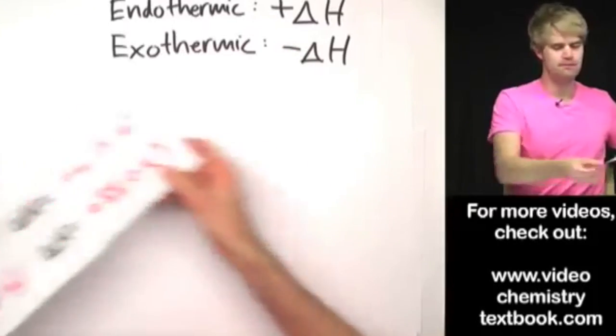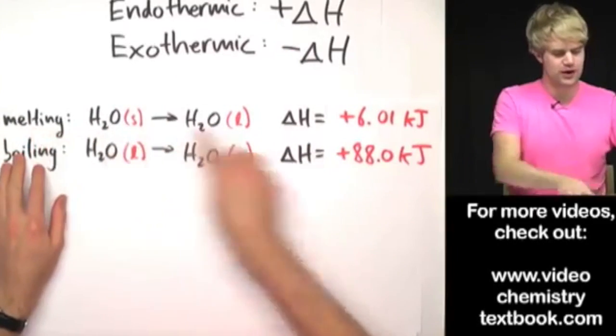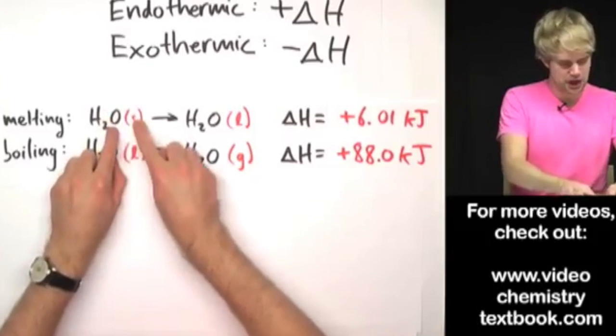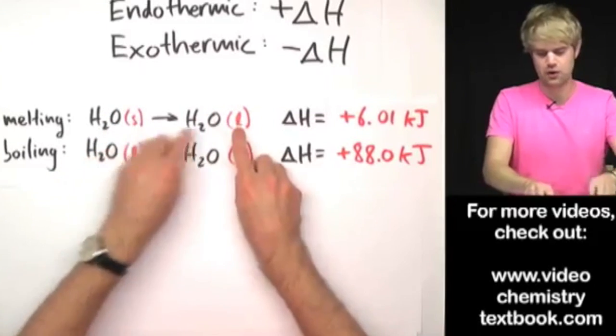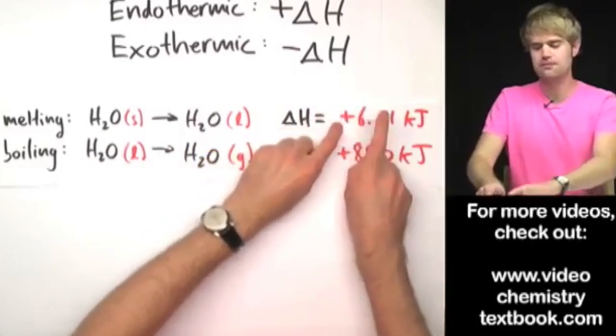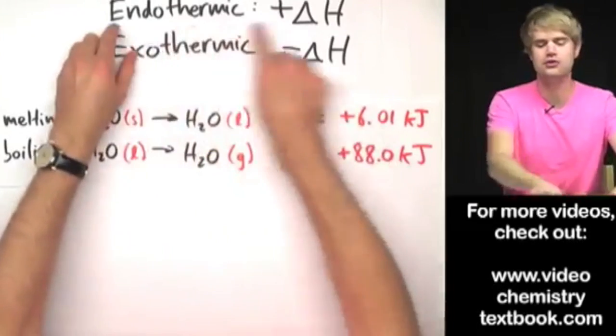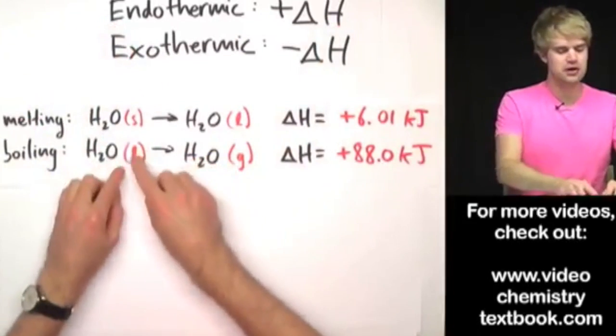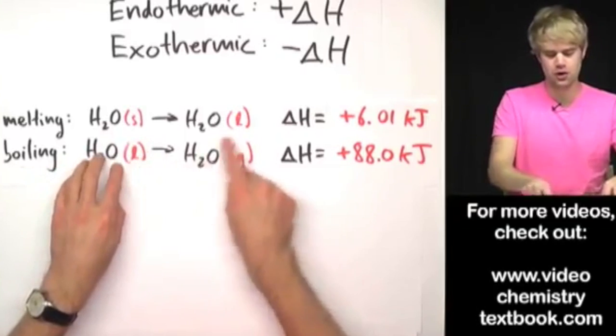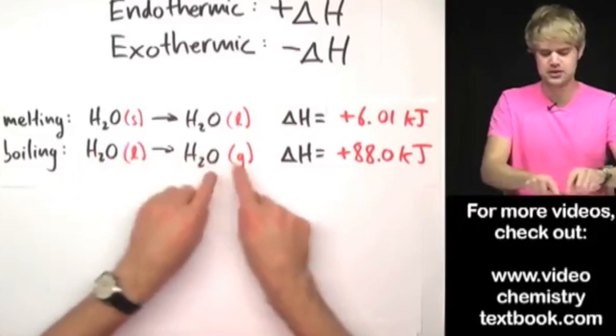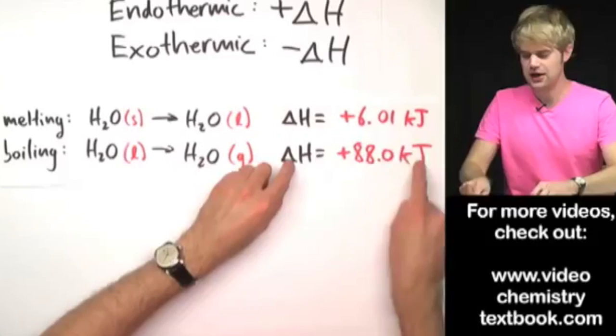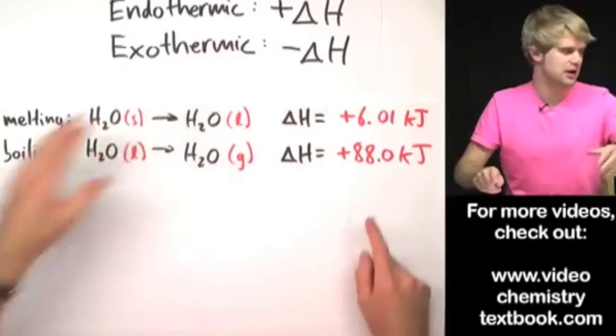Okay, so check this out. Here is the chemical equation for melting. I'm going from solid H2O to liquid H2O, and the delta H for the reaction, a positive number. Check that out, so it has to be endothermic. And the same thing for boiling, which is liquid H2O to gas H2O, liquid to steam. The delta H is a positive number again, so it's an endothermic process.